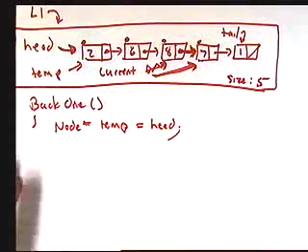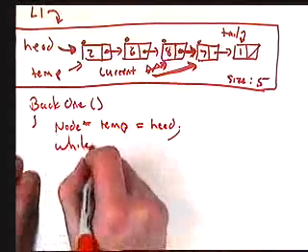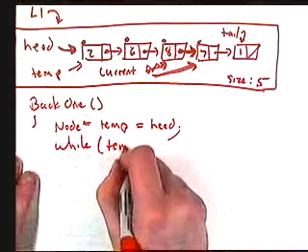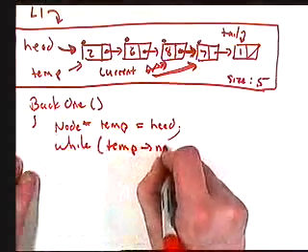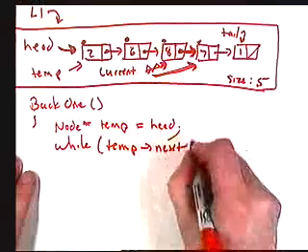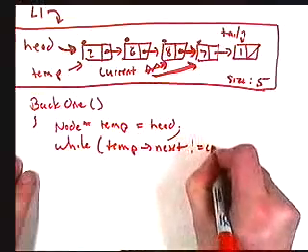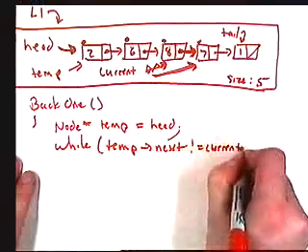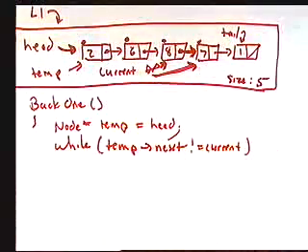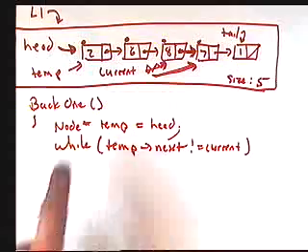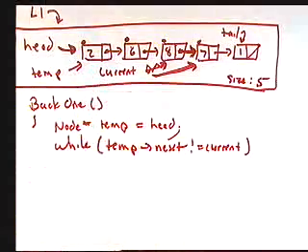Then what we would do is say, as long as temp's next field, the address held by temp next, is not equal to current. This is the short form. I mean, if current was your first node, you'd have to deal with that as a special case or rearrange this logic a bit. So again, I'm simplifying things to just the most common case to get at the rough idea. So there are, of course, other special cases you would need to worry about.